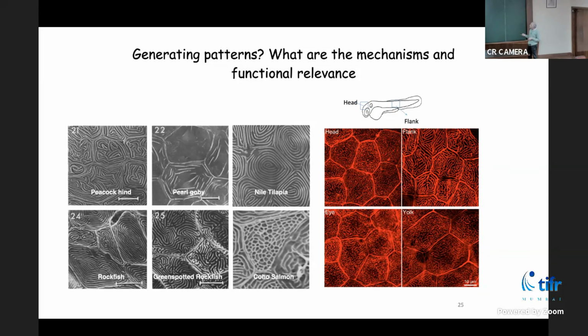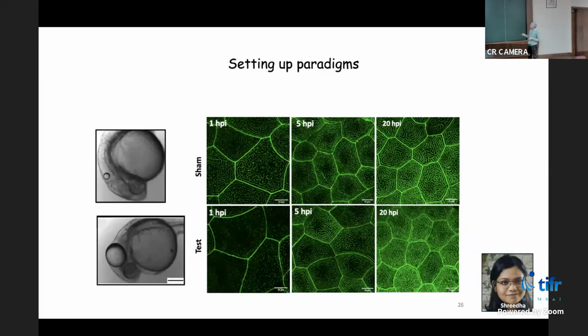And to test this, we are coming up with different kinds of assays. This is one thing that we've started doing. We inject oil in the brain ventricle, which expands the overlying epidermis. The ridges break down rapidly, but they recover over time. And if you now look at these two patterns, they look quite different. So this is the sham control.